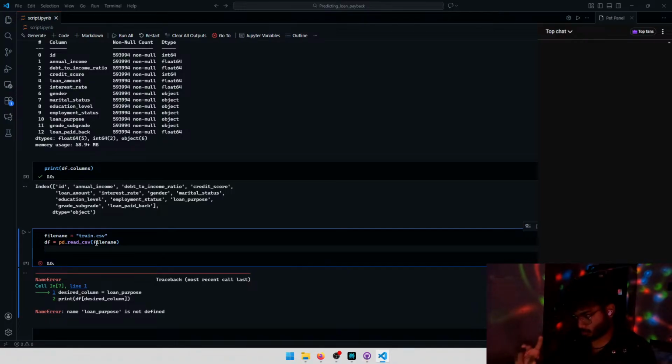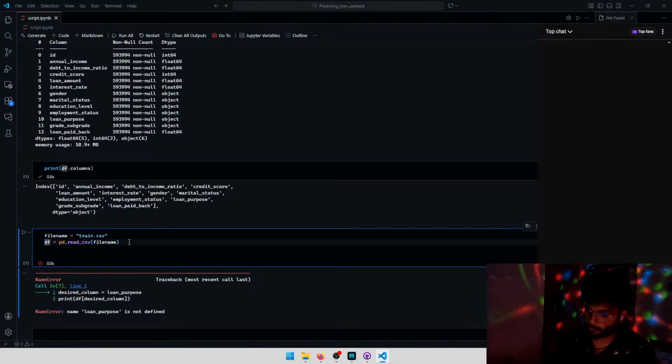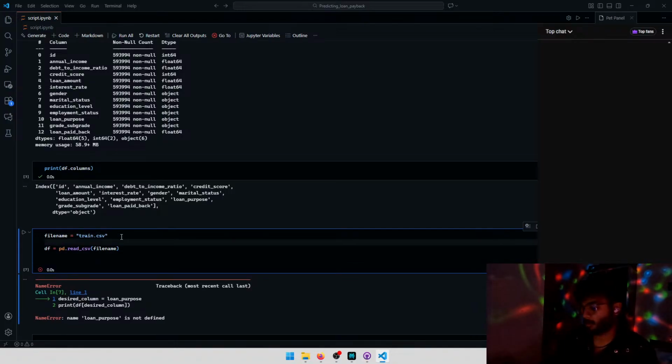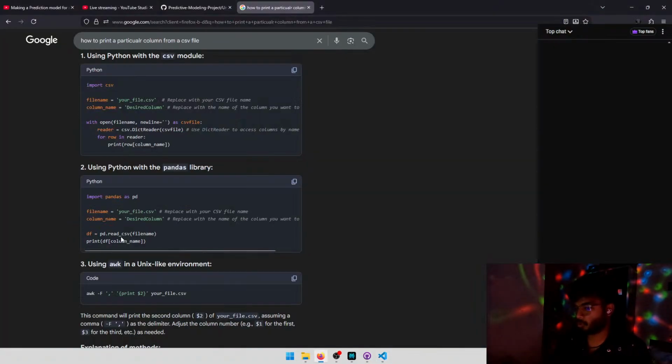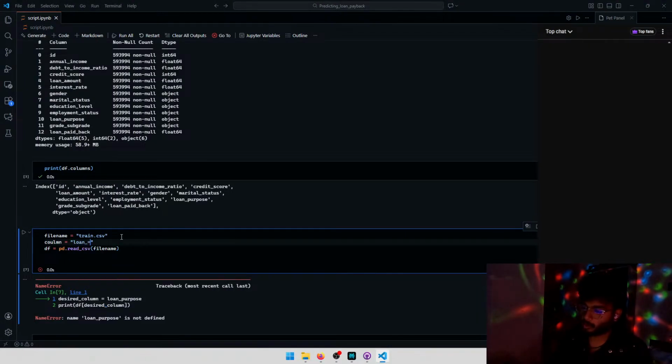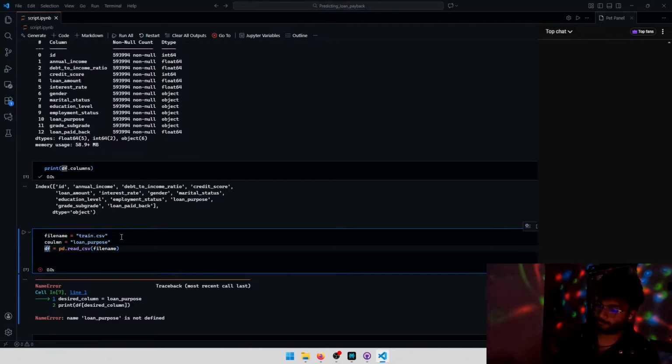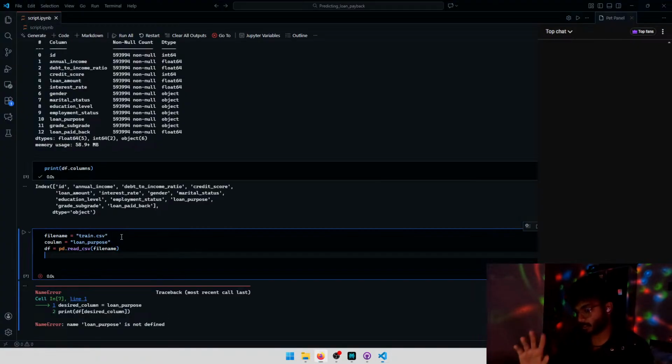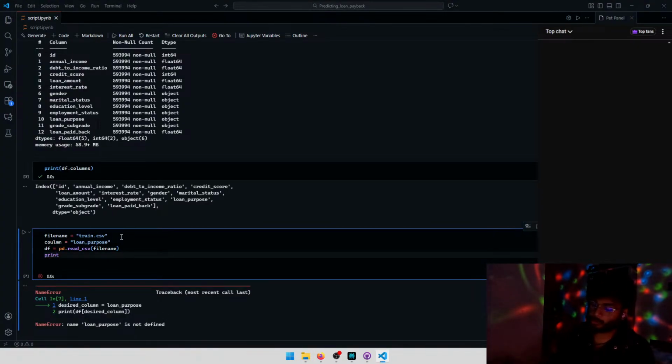Now, big brain moves: column equals loan_purpose. Now I will read this line and then print.